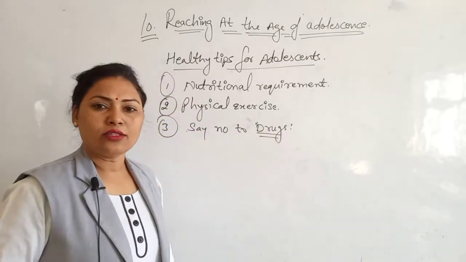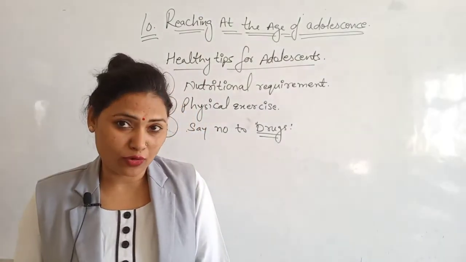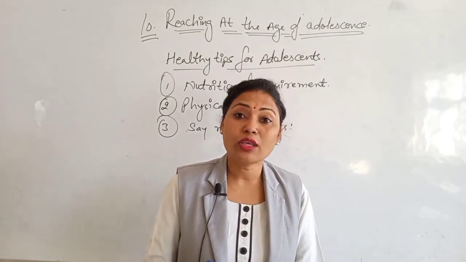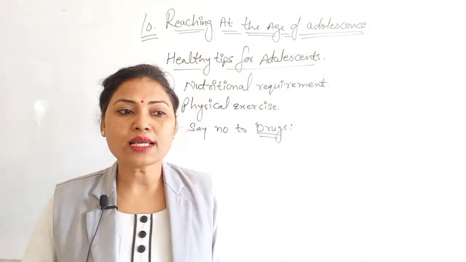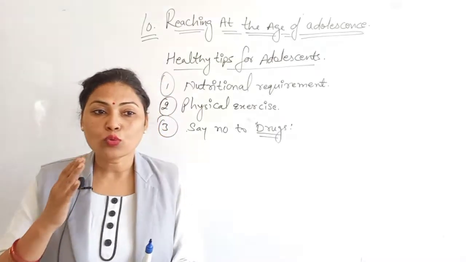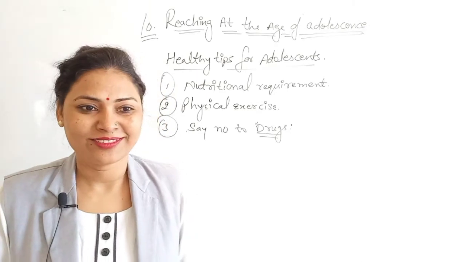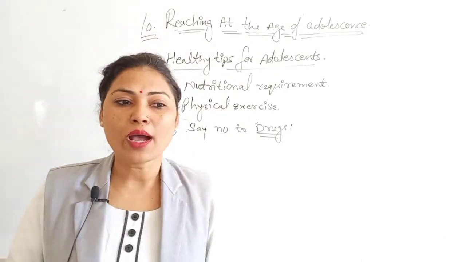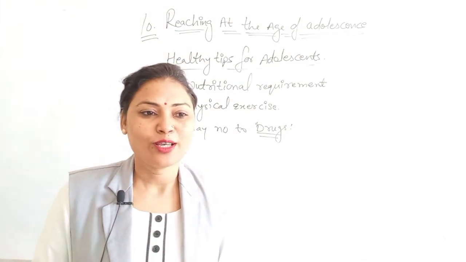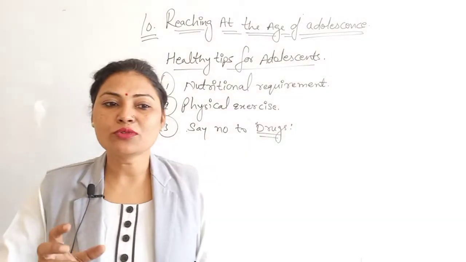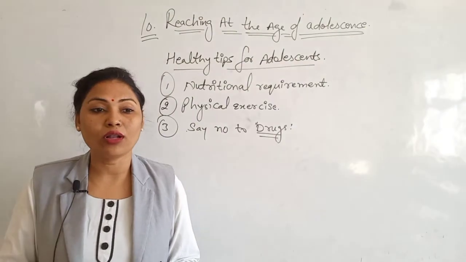As you know, adolescence is that period of life when teenagers feel insecure, shy or curious about everything, and drugs are one such unwanted thing that one should say an absolute no to. Drugs are addictive. Once you try them, you will feel like taking them again and again.